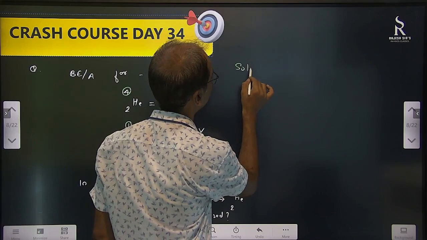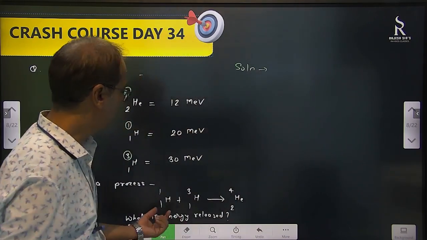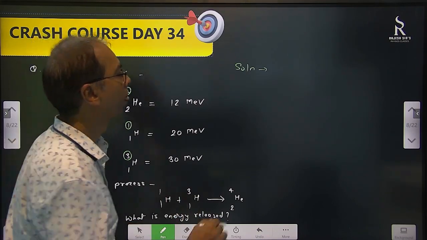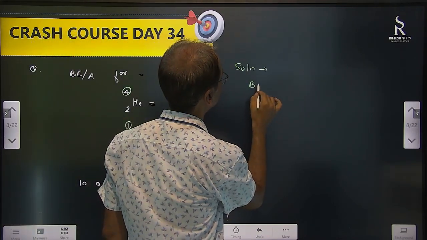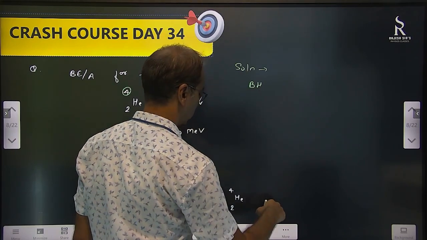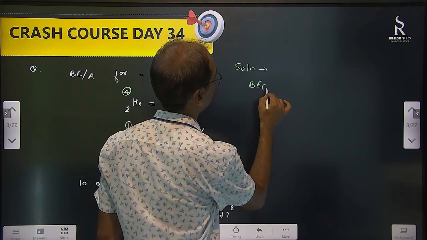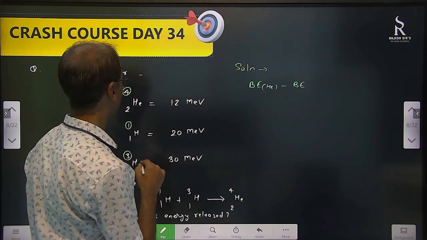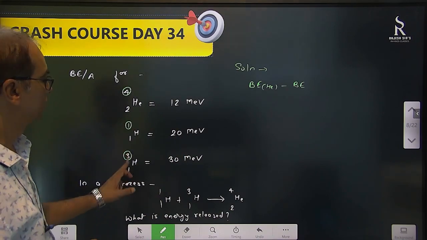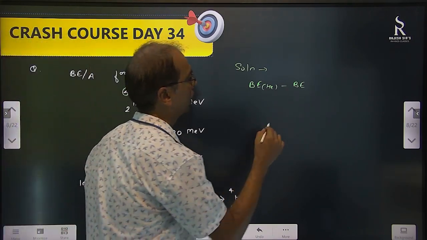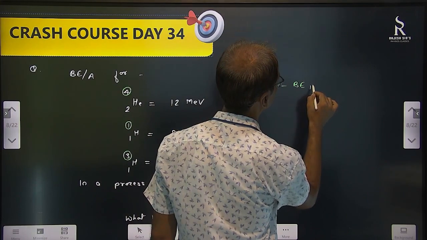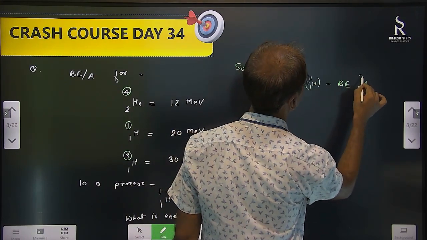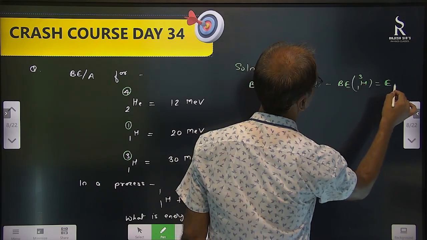Solution says that binding energy of helium minus binding energy of hydrogen 1H1 minus binding energy of 1H3 is equal to energy released.